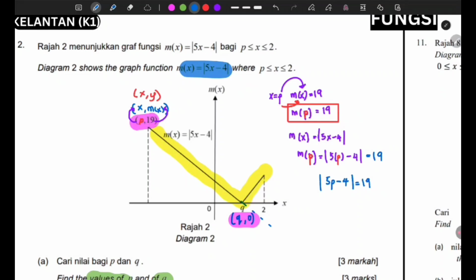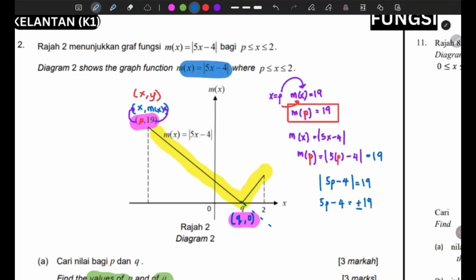Here you will be able to get 1 mark because you're able to generate an equation. And now you have a modulus, so what do you have to do? You have to remove the modulus. When the modulus is brought to the other side, you will have plus minus. So 5p minus 4 equals plus minus 19.